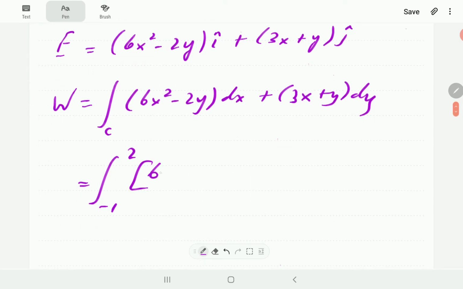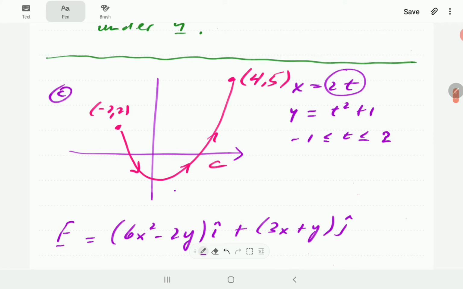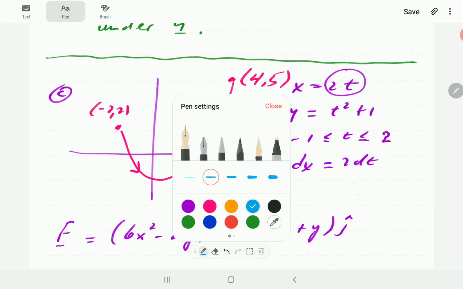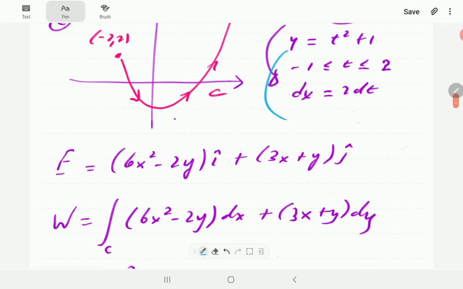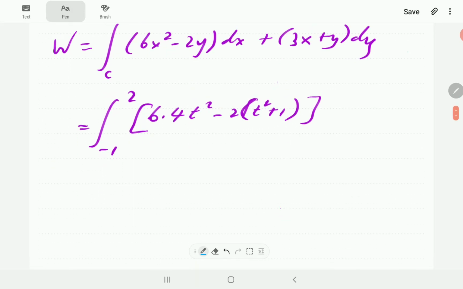So this is going to be 6 times 4t squared minus 2 times (t squared plus 1), which is y, and then dx: x is 2t, so dx is going to be 2 dt. y is t squared plus 1, so dy is going to be 2t dt.